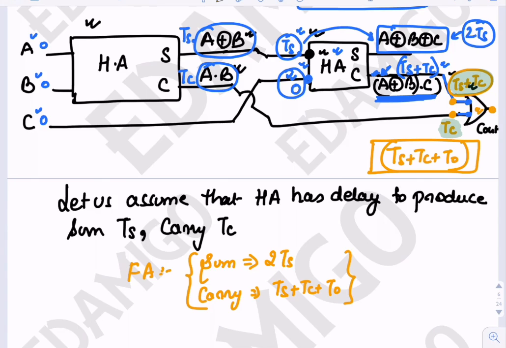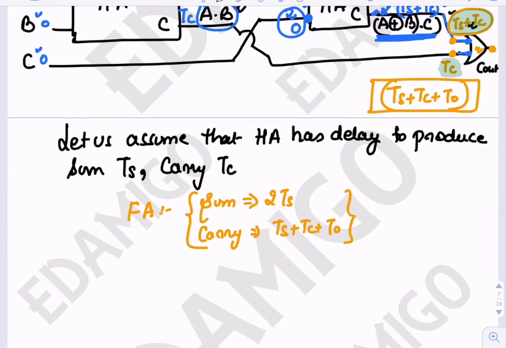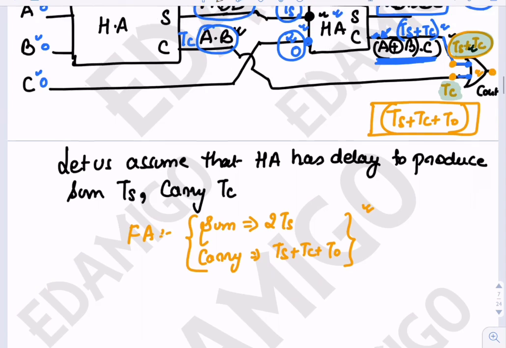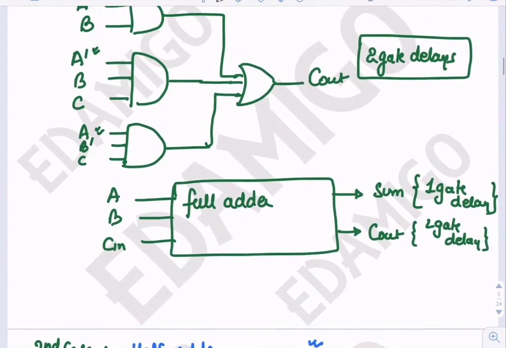Okay, so this is the kind of question that they can ask. Half adder is given and they have given that the half adder has sum and carry delay this much and OR gate has this much delay. So find out the delay of the full adder to produce the outputs, that is sum and the carry bits.